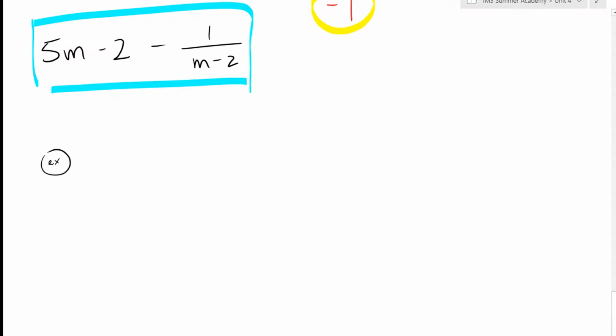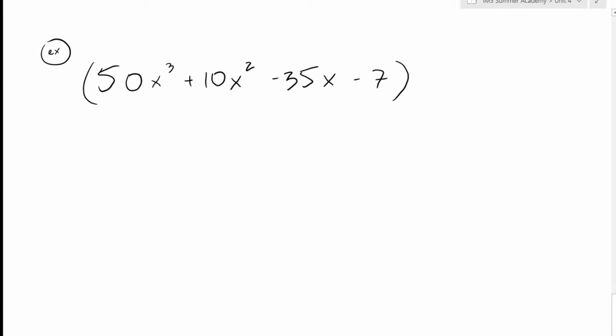So let's just up the difficulty for these last couple ones. 50x³ plus 10x² minus 35x minus 7. So this time we've got a 4-piece polynomial divided by 5x minus 4.